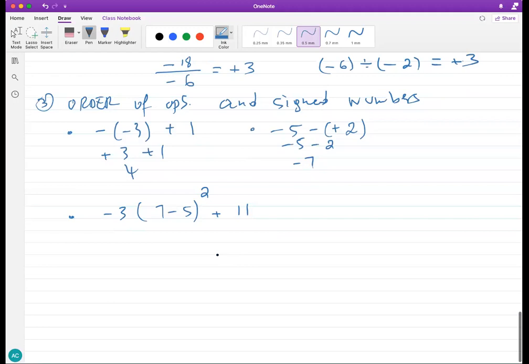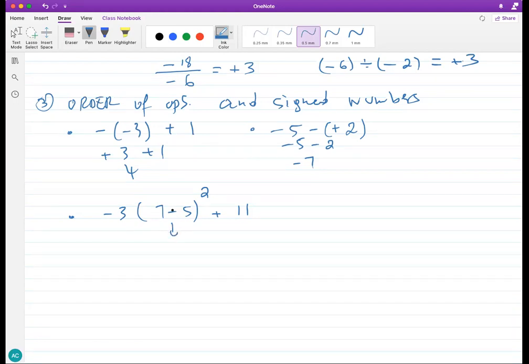All right, well, first off, you start with the parentheses, and that would give you 2 in the parentheses. You would have to take care of the exponents, so that would give you 4, and then the -3 outside of the parentheses, which would give you -12 plus 11, and that would give you -1. Correct.